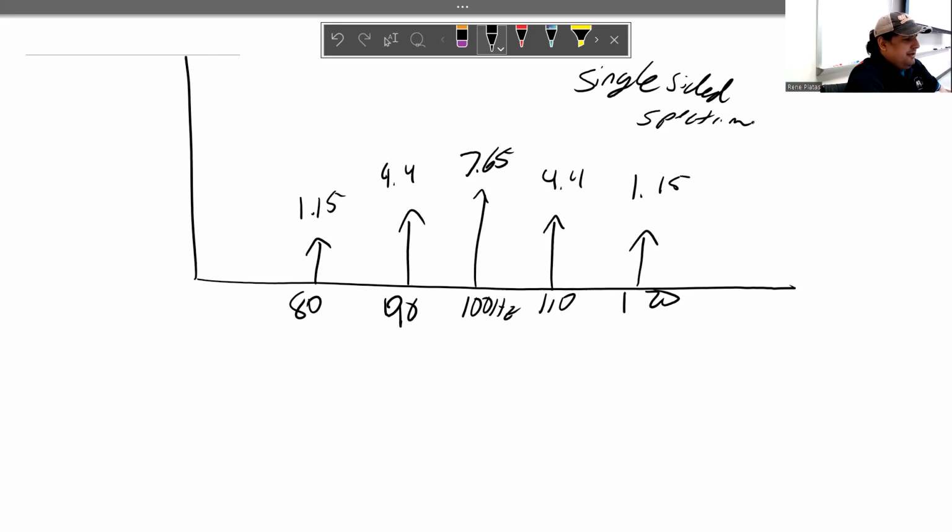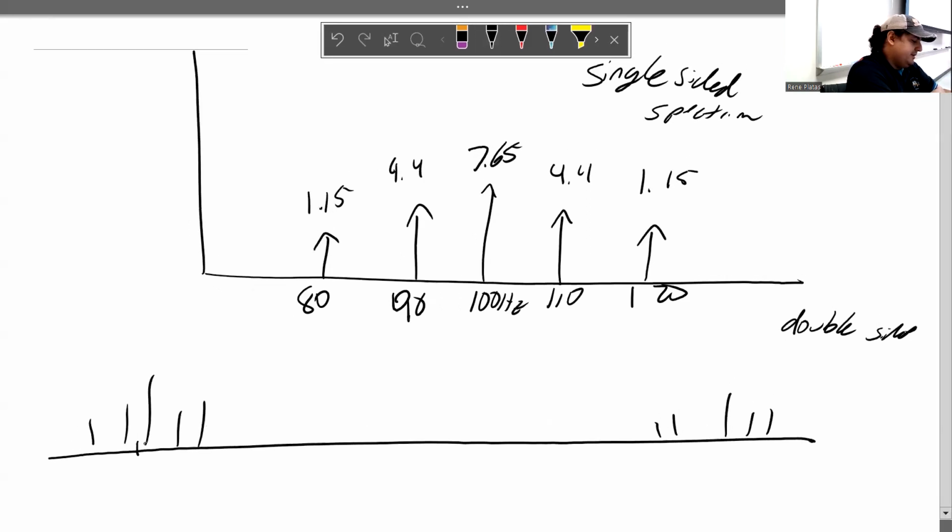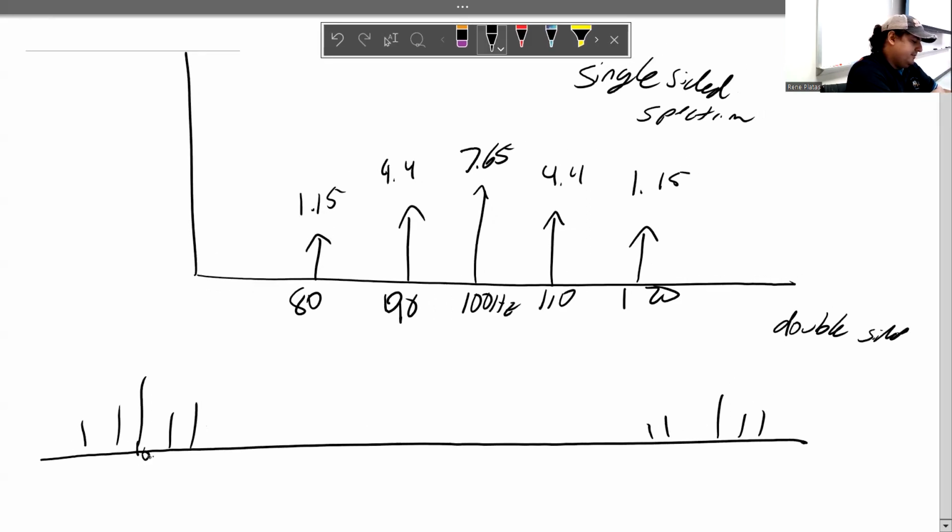So if we were to write it down in a double-sided spectrum, it would have been two sets of lines like that, and this would have been the negative 100 frequency, and this would have been the 100th frequency.